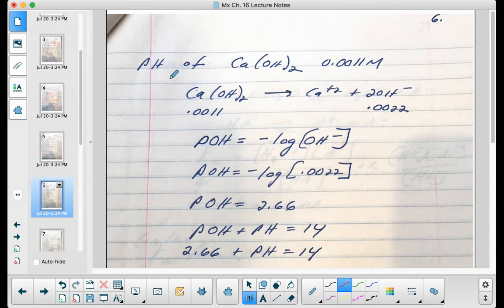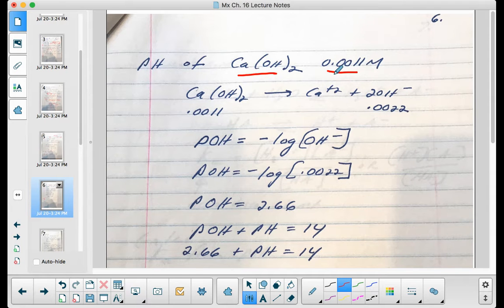So if I'm given a hydroxide solution such as this, and I want to find from that hydroxide ion, that base solution, I want to find what my pH of the solution is.